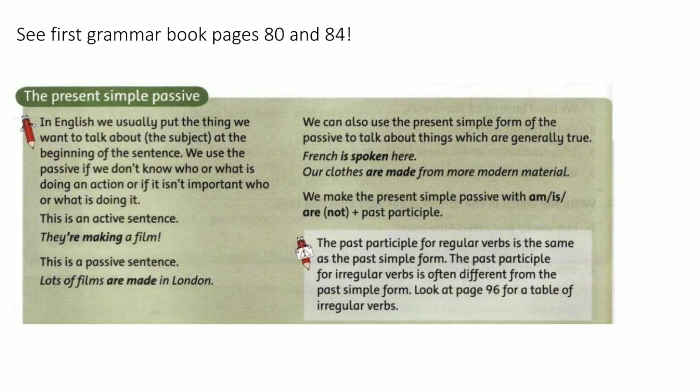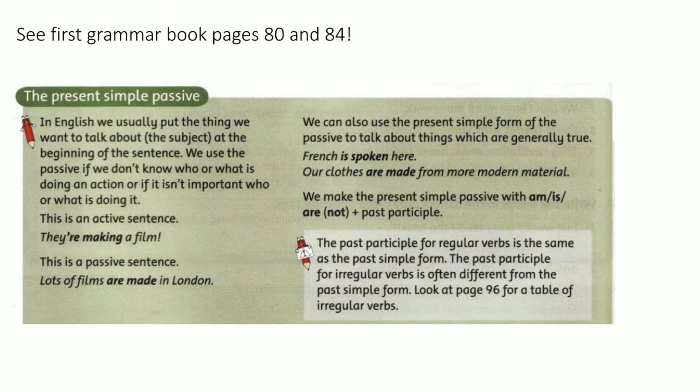If we change it into passive, we put the object in front. It becomes: Lots of films, the object first, and then we use to be, are, and then making we change into past participle, or verb 3, becomes made. The past participle for regular verbs is the same as the past simple form. The past participle for irregular verbs is often different from the past simple form.